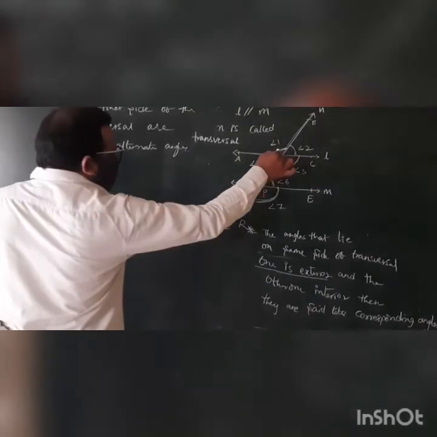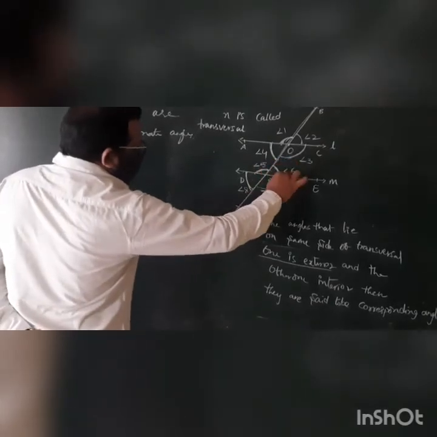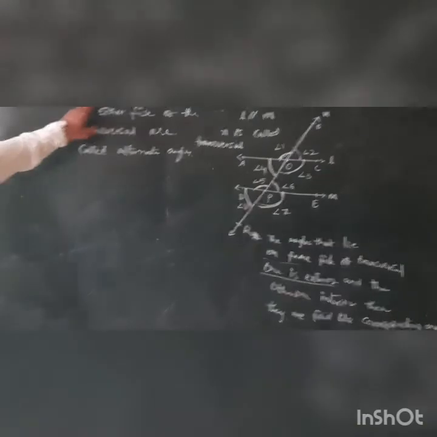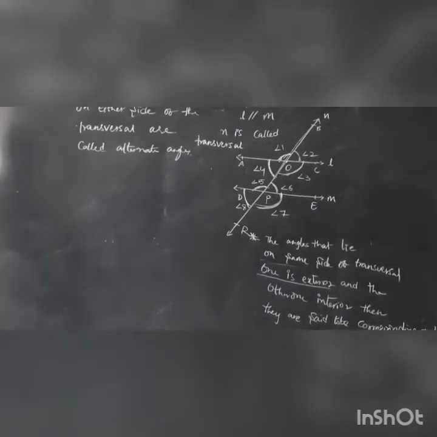Okay, now if you observe here, angle 1 and angle 7. The angles that lie on either side of the transversal are called alternate angles.